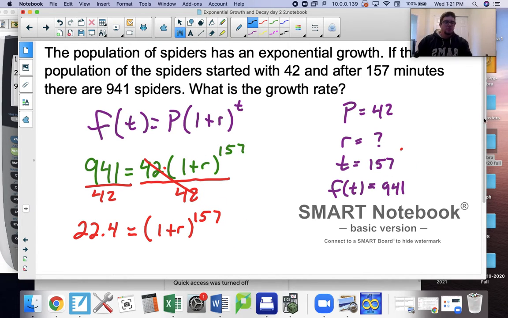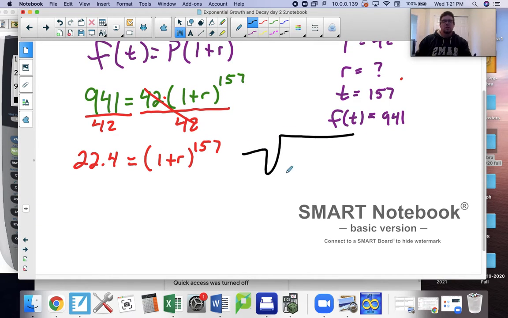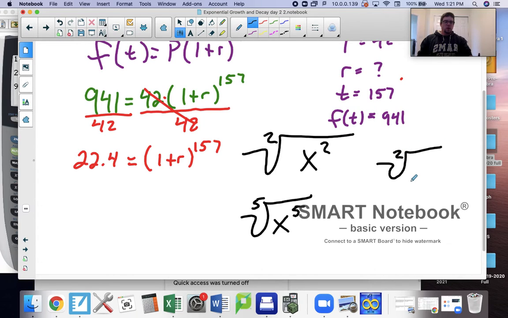To undo an exponential power, we have to take the root of that same power. So if I had x squared, we would take the square root. If I have x to the fifth, I take the fifth root. Lucky for us, we don't have to worry about this button on a calculator at all. It turns out that square root can be written as something to the 1/2 power.